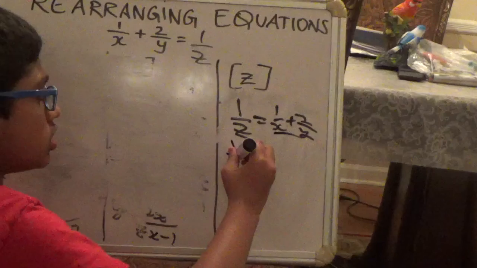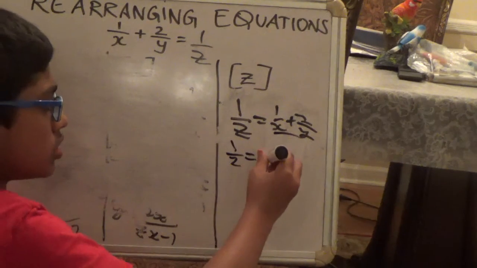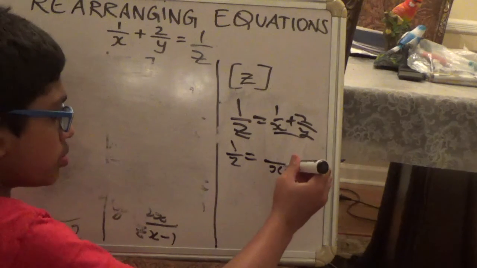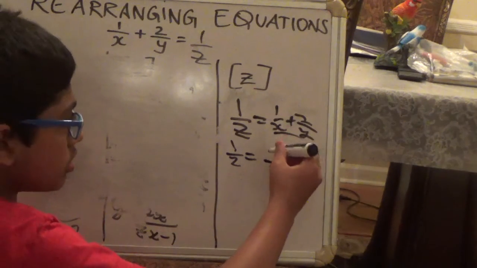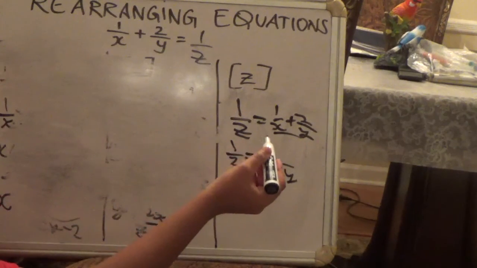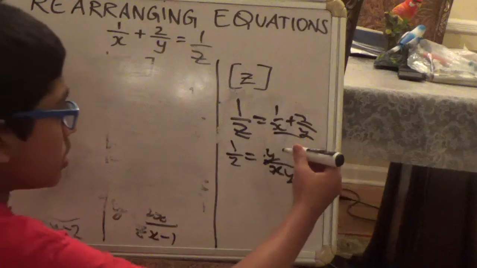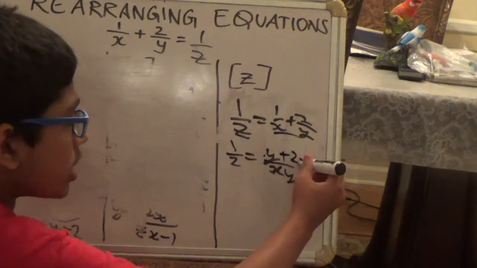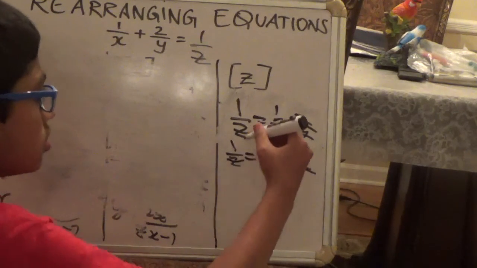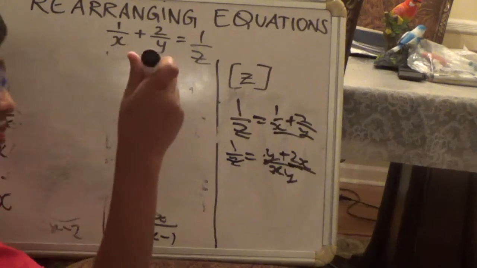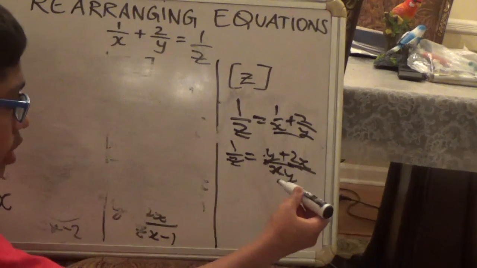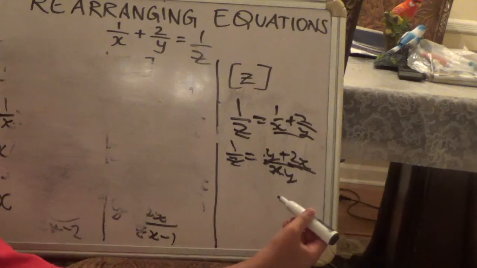So 1 over z equals, since the least common multiple is xy, we did this in the previous example, y over xy, since we multiplied 1 over x by y over y, and plus 2x, since we multiplied 2 over y by x over x, since the denominator had to be xy because it was the least common multiple.